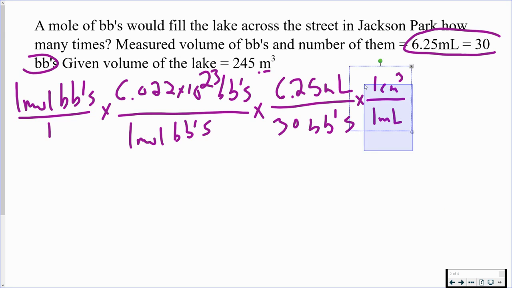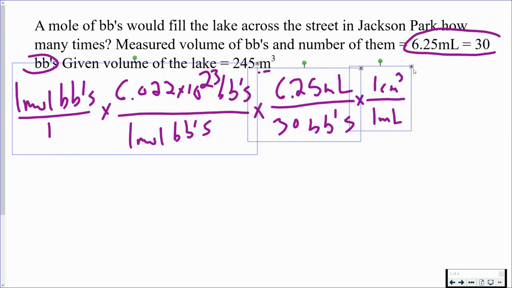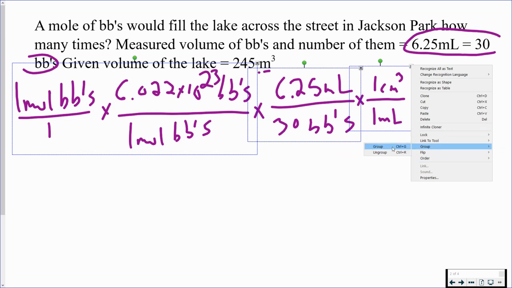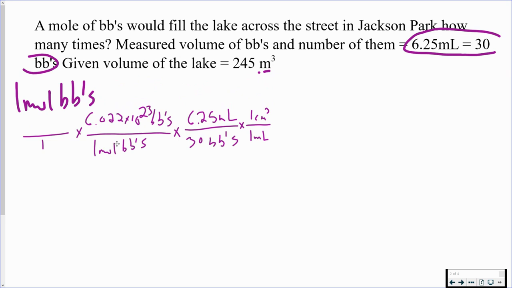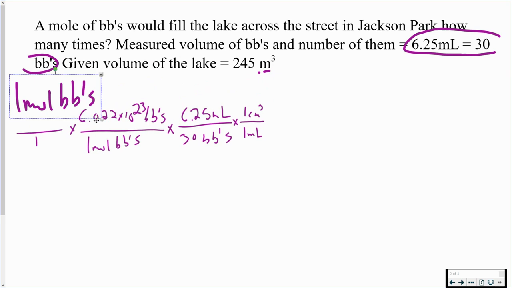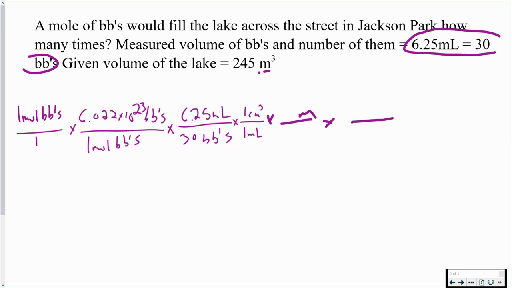We're going to go ahead and group these together. Because we have some more. So now that I'm in centimeters cubed, I need to go to meters cubed. So I need meters up top 3 times.